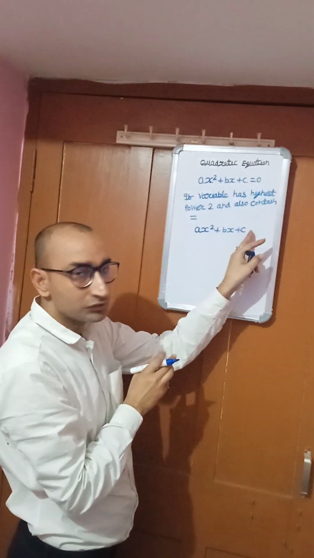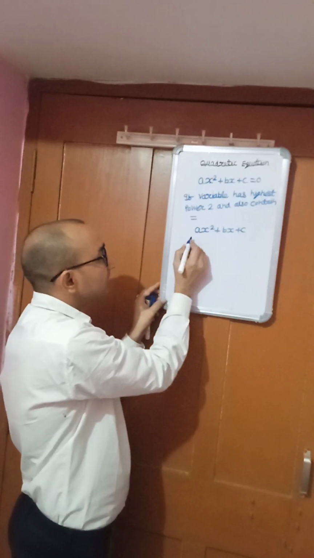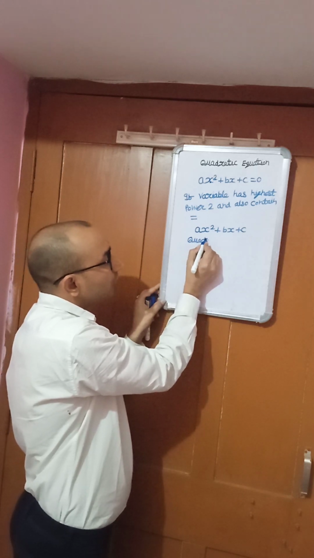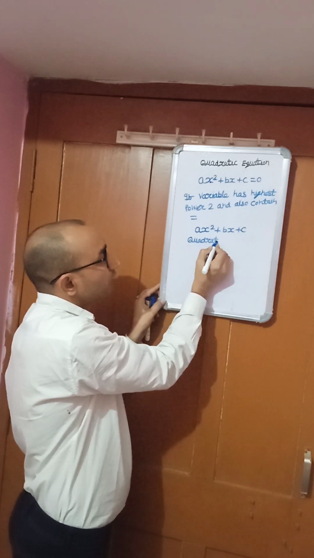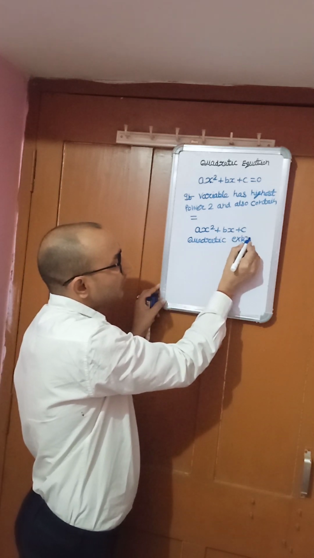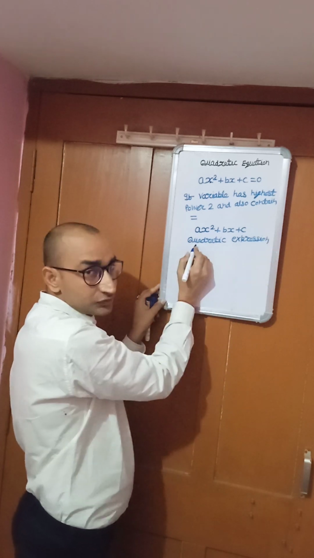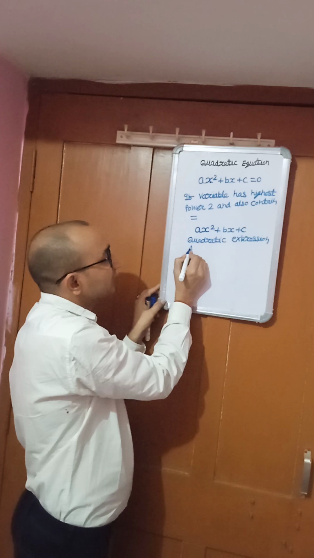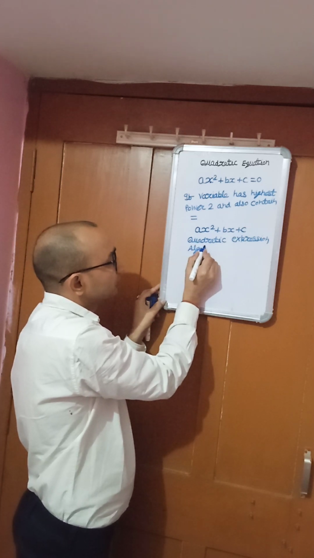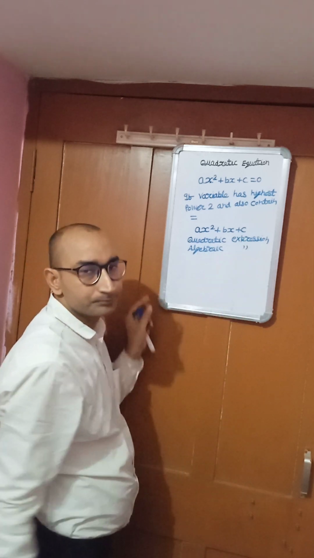If no equal to sign is there, then it is called a quadratic expression, or it is called an algebraic expression.